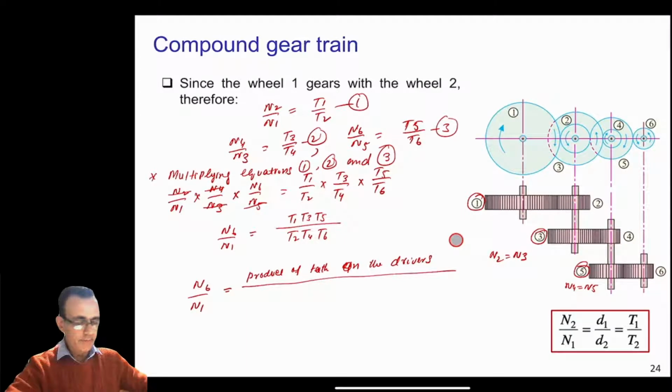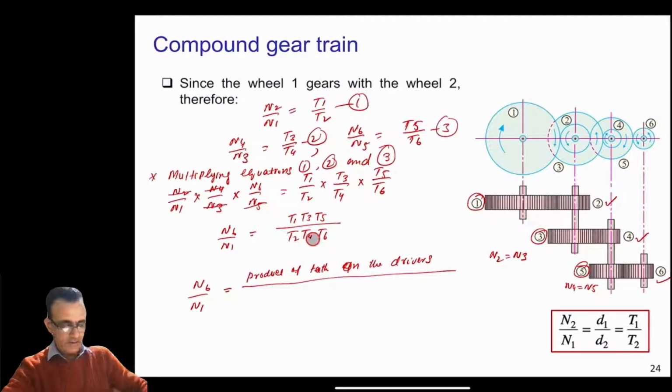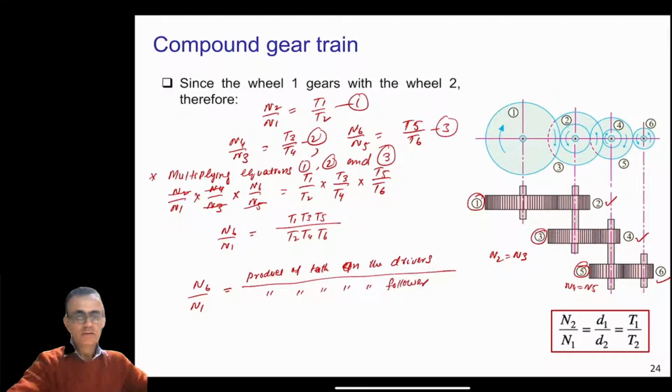And if you look at this, t2 is follower for t1, 4 is follower for 3, and 6 is follower of 5. So 2, 4, 6 means the product of teeth on the followers. So you can write this in this form here.